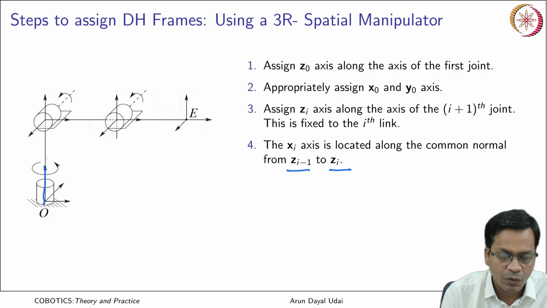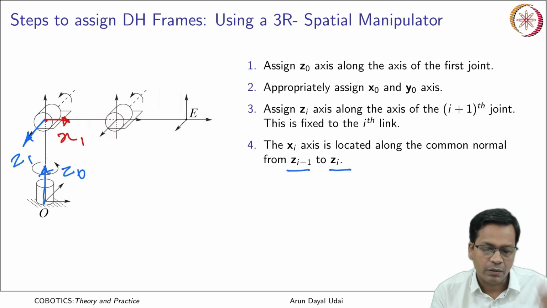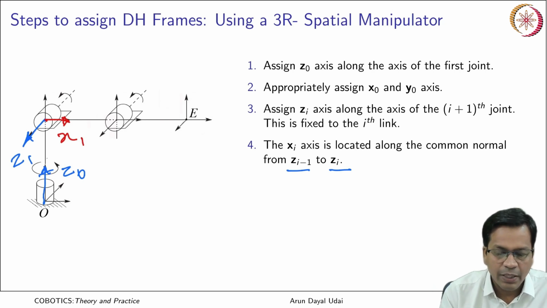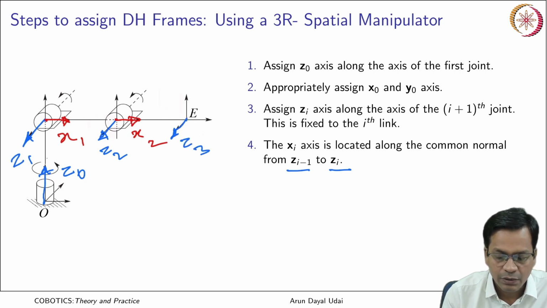If this is your z0 and this is your z1, the common normal to that is x1. Similarly, for z2 the common normal makes this x2, and the last one, because this was your z3, becomes my x3.